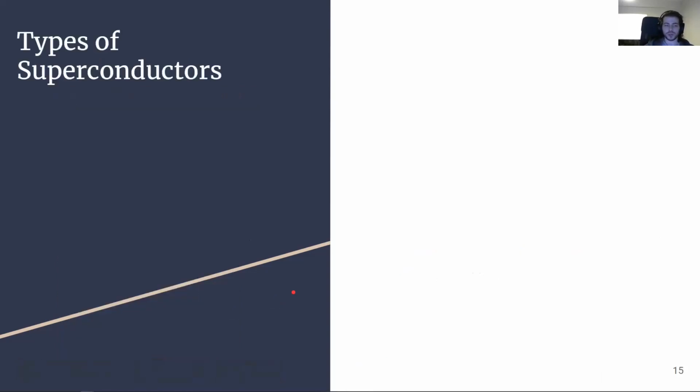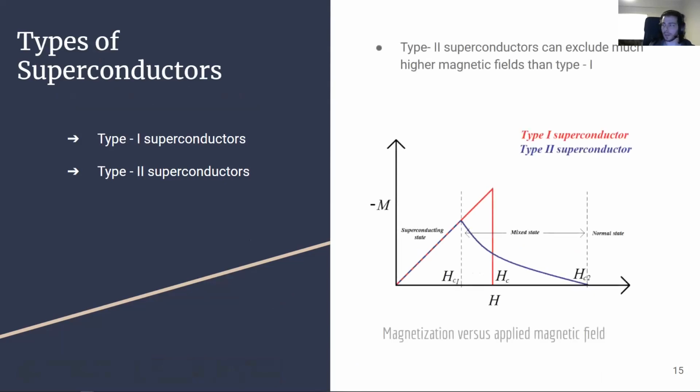Okay, so there are two types of superconductors, and I will cut this short here because we don't really care much about this, but we categorize superconductors on how they lose the superconducting state. So we apply a field and we check how they are losing the state.